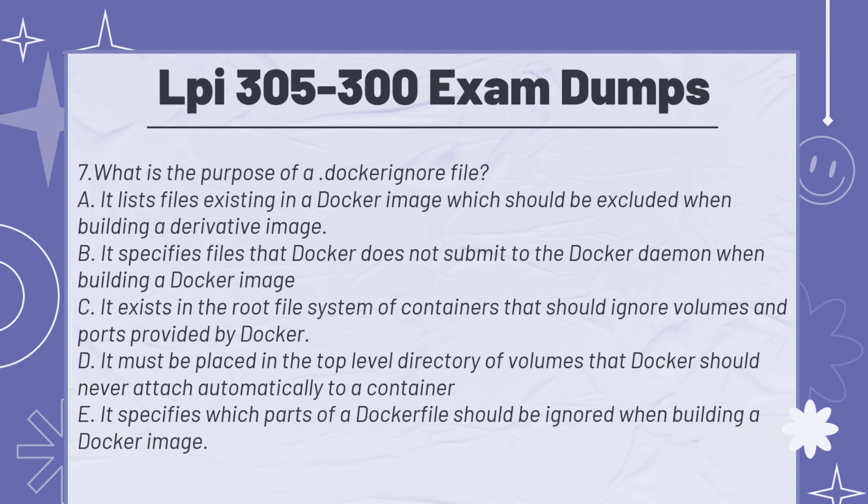C. It exists in the root file system of containers that should ignore volumes and ports provided by Docker. D. It must be placed in the top-level directory of volumes that Docker should never attach automatically to a container. E. It specifies which parts of a Dockerfile should be ignored when building a Docker image.